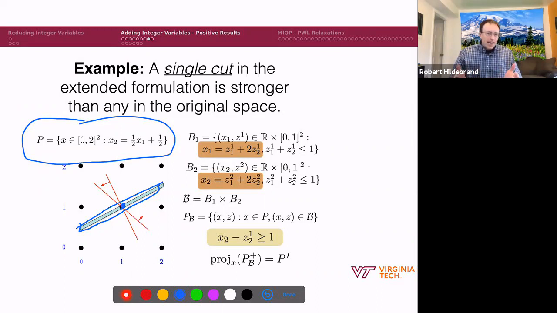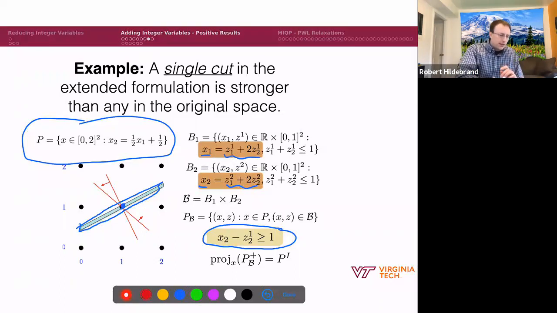Now, if you add binarization on top of this, so if I take my x1 and x2 variables and convert them into some z variables, it turns out that in extended space, you can model these two cuts with this single cut here. So somehow you can actually cut off more things in extended space using these nice cuts.